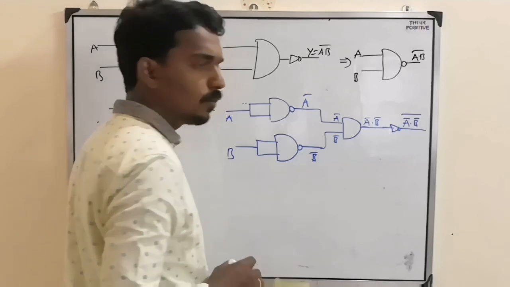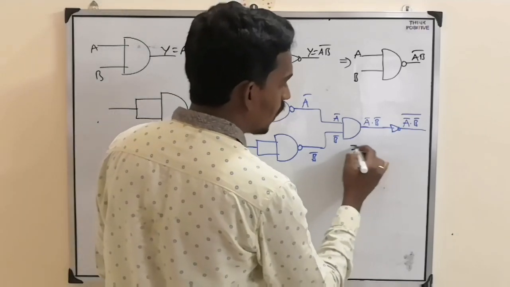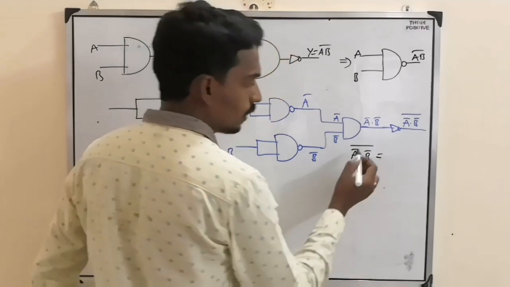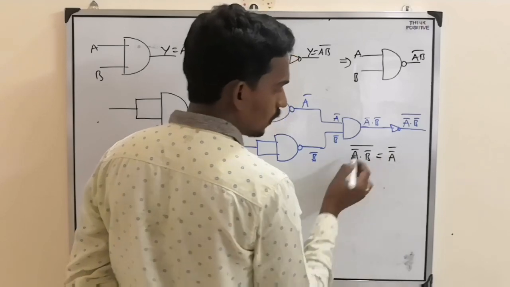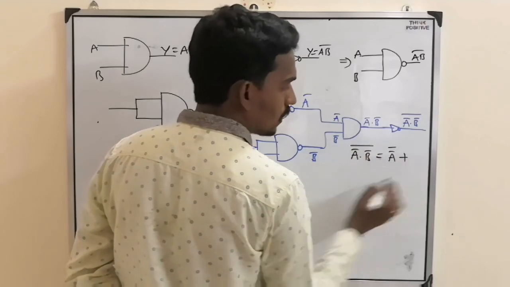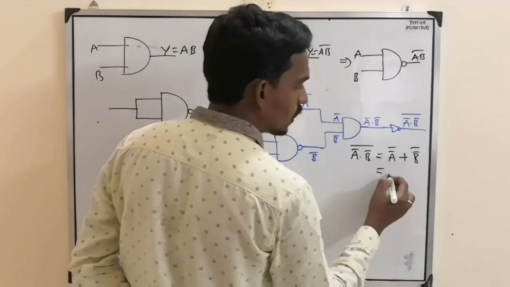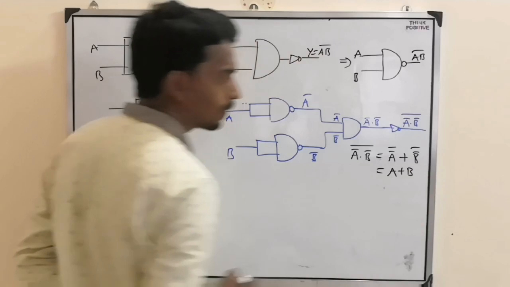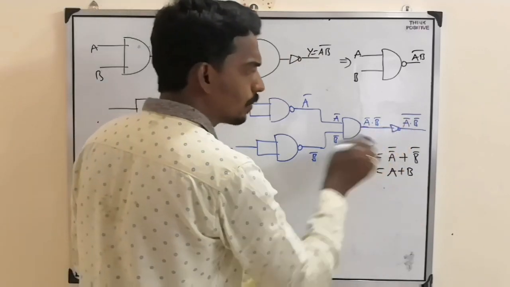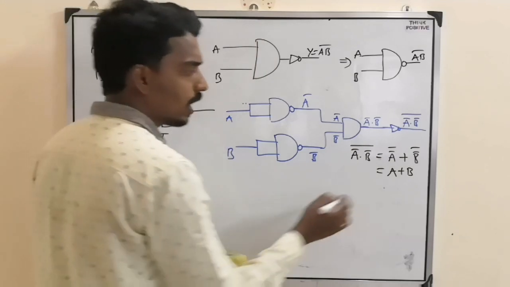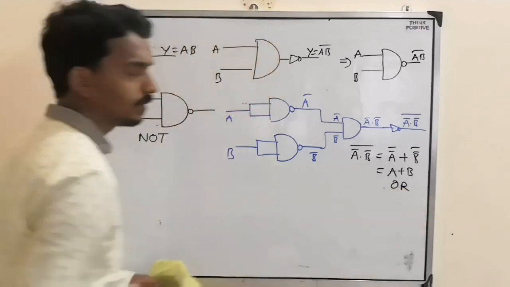But according to De Morgan laws, A bar dot B bar whole bar is equal to, when a bar is there, we can write A bar already there. One more bar will come when you remove this. Plus, dot becomes plus. B bar whole bar, nothing but A plus B. Now, what is A plus B? It is an OR gate.